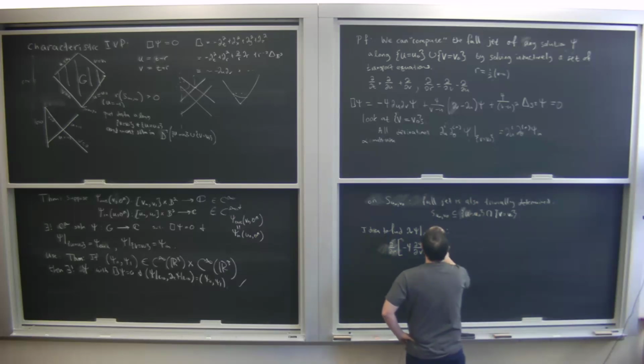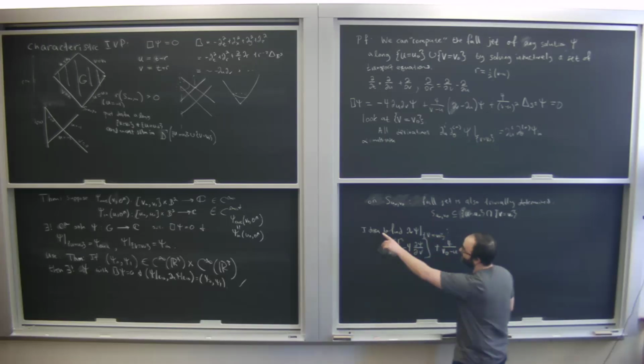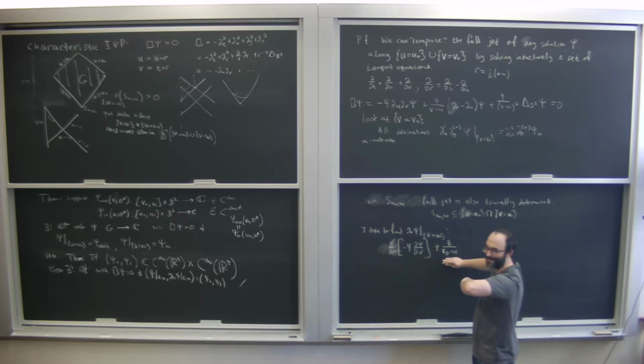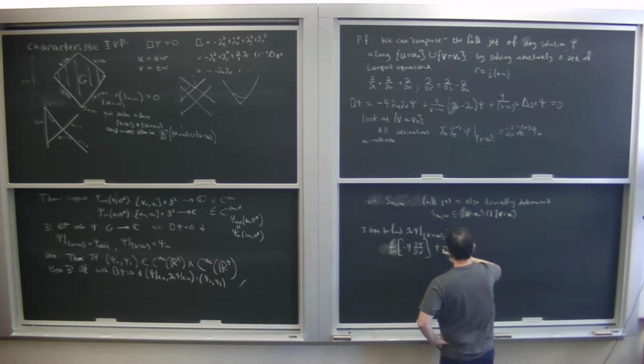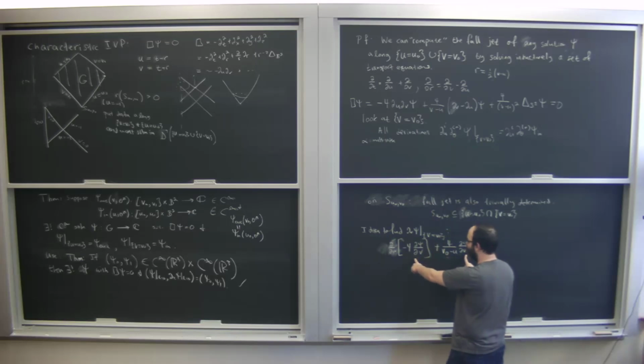Then there's this other term here. At v equals v0, of course, this is v0 minus u. Remember, this hypersurface is such that it stays away from r equals 0, so I don't have to worry about this thing going to 0. Times, all right, so these are things we don't know on v equals v0.